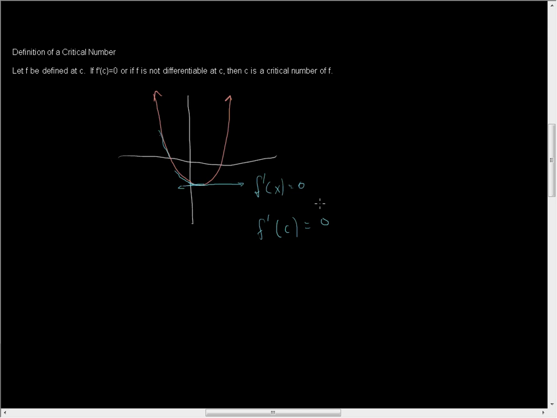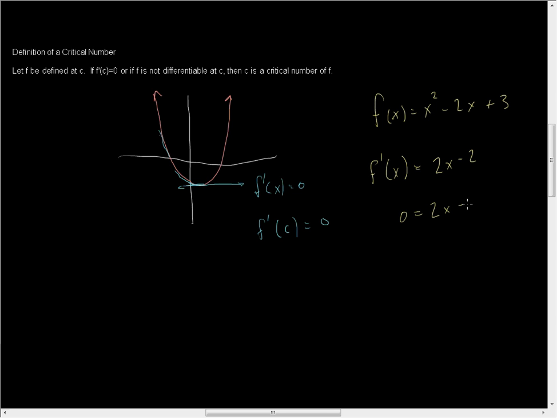Now let's take a look at a more analytical version. For example, f of x is equal to x squared minus 2x plus 3. Then our derivative, f prime of x, is equal to 2x minus 2, and we want to check where that's 0, because wherever the derivative is 0, we have a critical point.